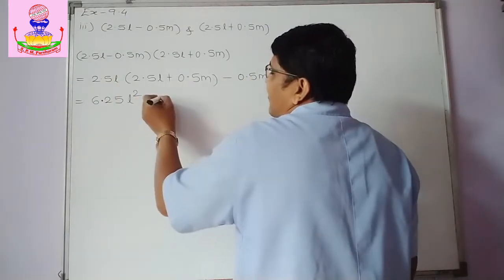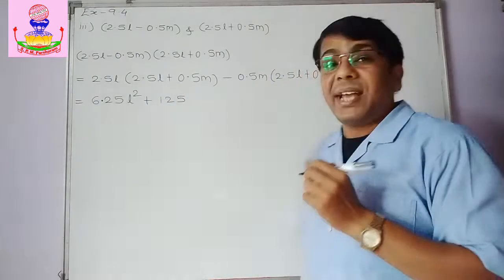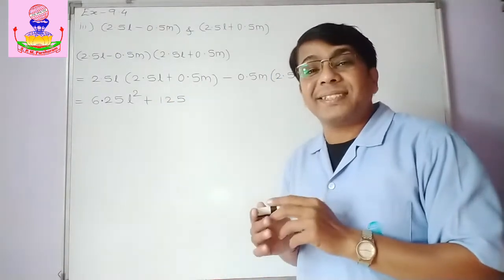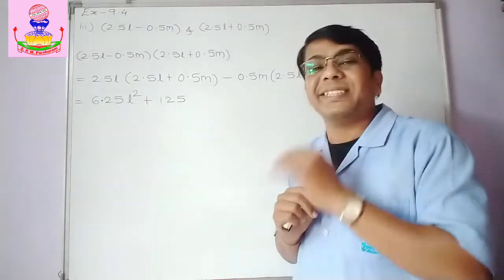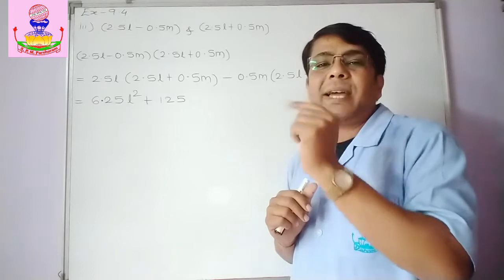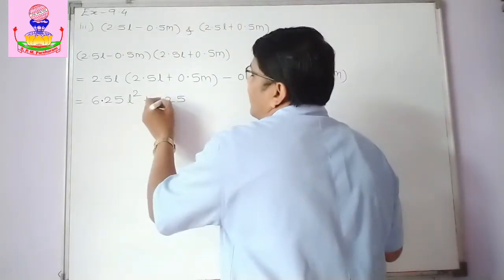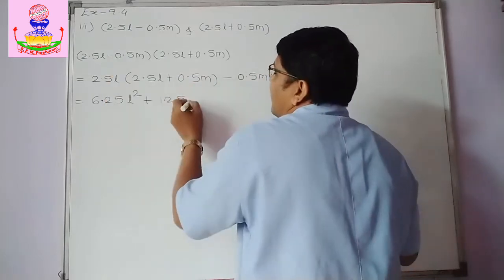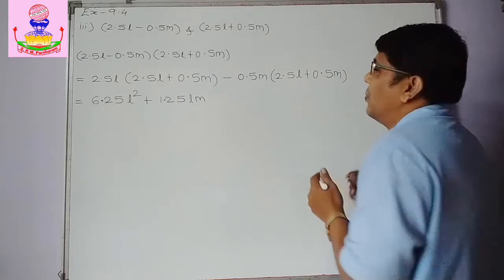Now 25 5s are 125. Now, see how many digits are there after decimal point? 1, 2. So, decimal point after 2 digits, that too from right hand side towards left hand side. So, 1.25. Okay. Now, L into M. So, LM. Right.